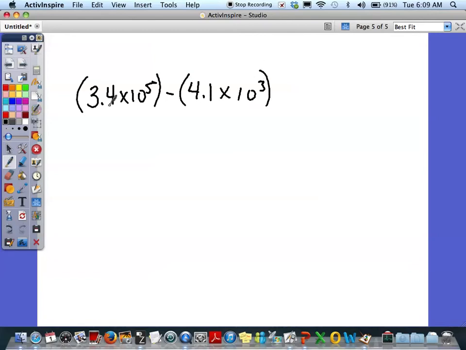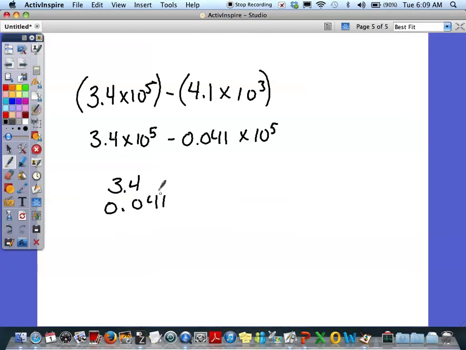The only difference is, after you had converted this to have the same power of 10, you subtract the multipliers instead of add. So addition and subtraction are done exactly the same way, except when you add, you have to add the multipliers. When you subtract, just subtract the multipliers.